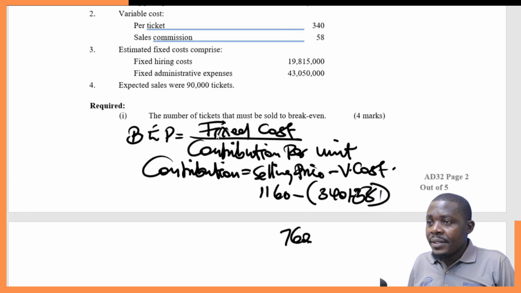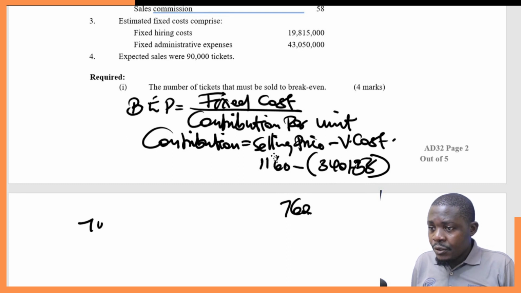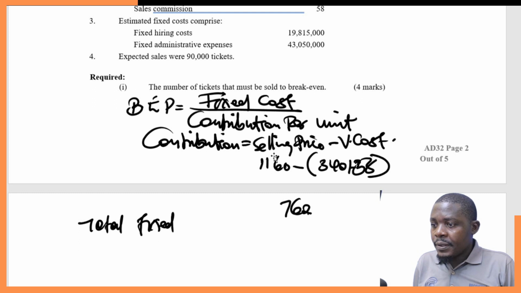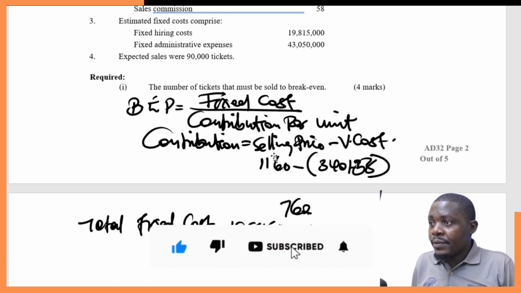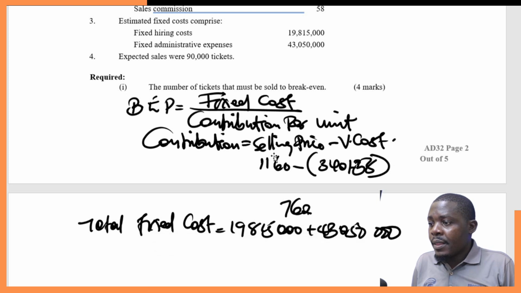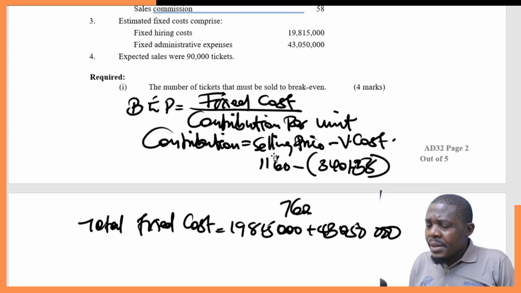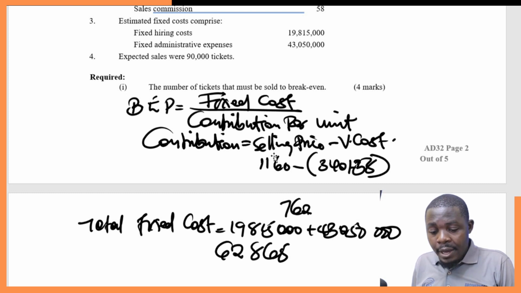Then fixed cost, we have total fixed cost, which is 19,815,000 plus 43,050 thousand. 19,815, yes, 815, plus 43,050, which gives us 62,865.